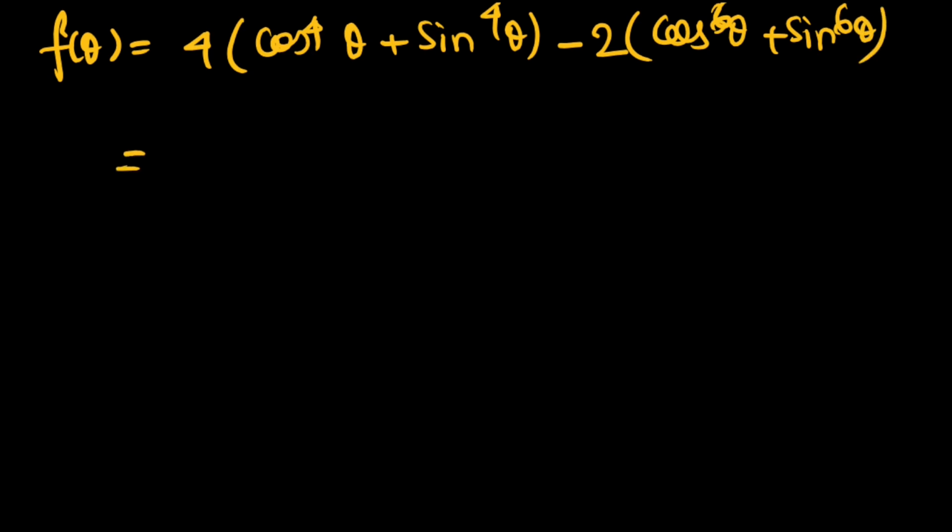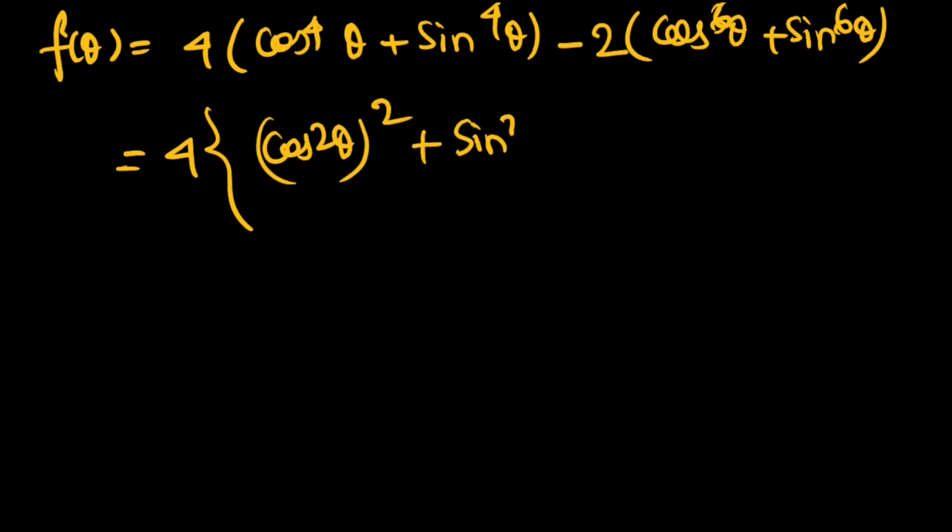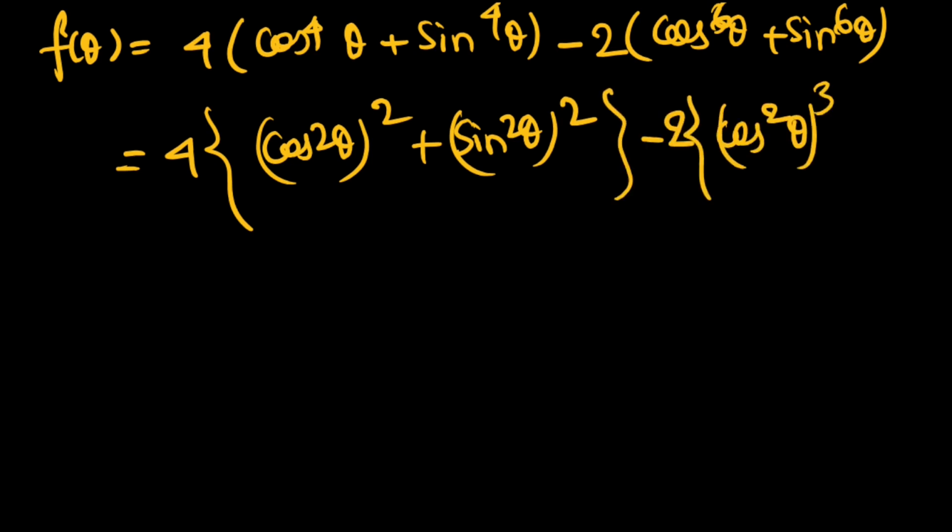Now we write this function in this form: (cos square theta) whole square plus (sine square theta) whole square, minus 2 times (cos cube of theta square plus sine square theta cube).